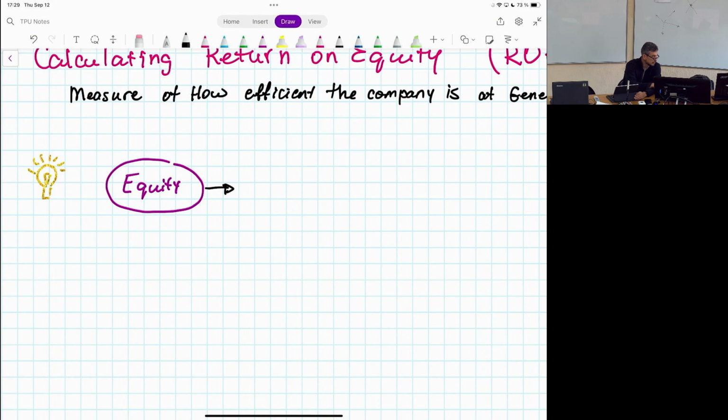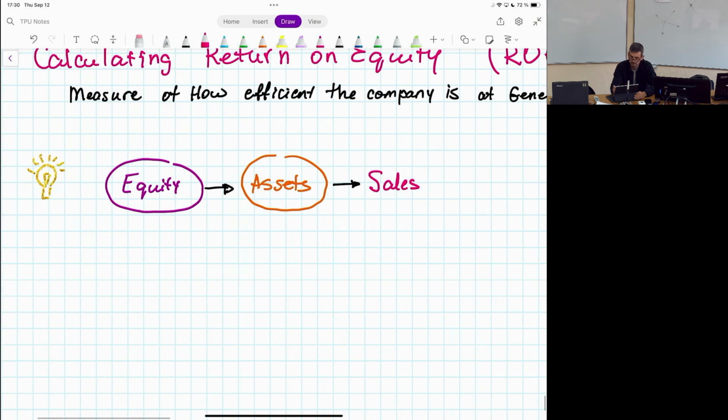I'll use this color. So we make assets. Okay. Then these assets are used in production to generate finished goods and finally sales. Okay. So this is our sales.